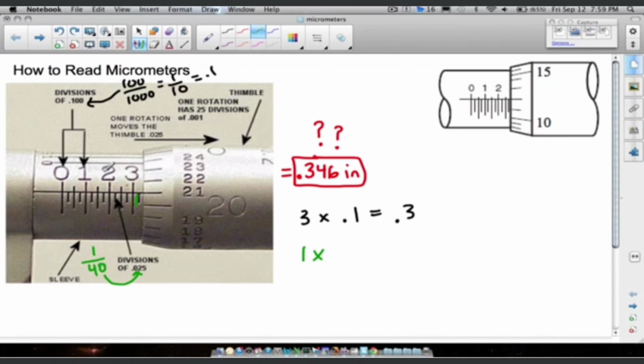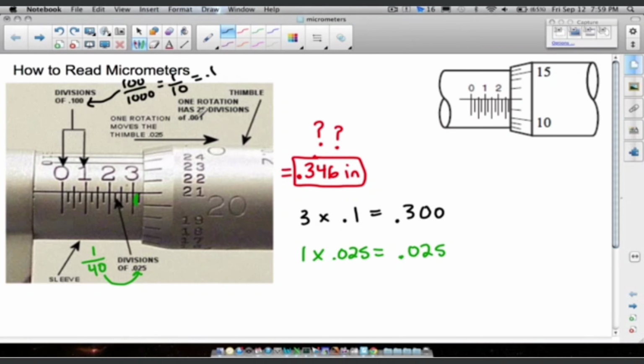If you're measuring up here in tenths, and if you break tenths up into fourths, really what you're going to have is 40 blanks down here if we kept on rolling this thimble out. So therefore we multiply the number of full spaces that we see. We have 1 space, so we multiply it by 0.025. And 1 times 0.025 is 0.025. Now it may help, you can do this if you'd like, I'm going to add 2 extra zeros up there just to get it to the nearest thousandths.